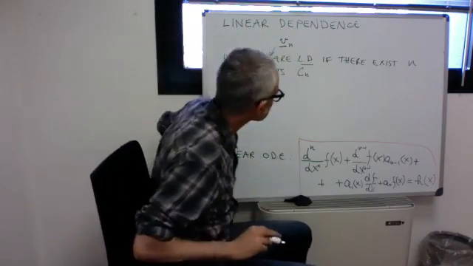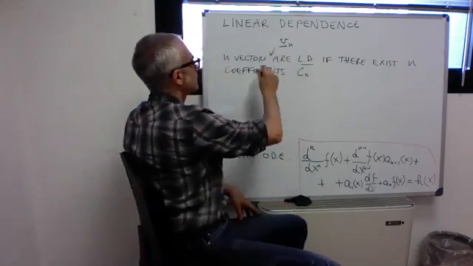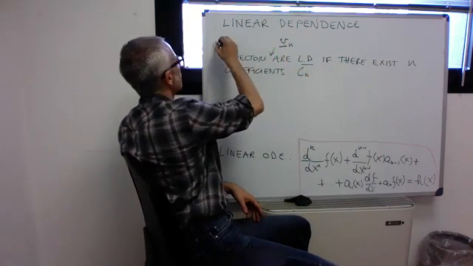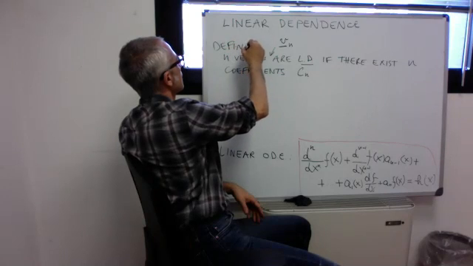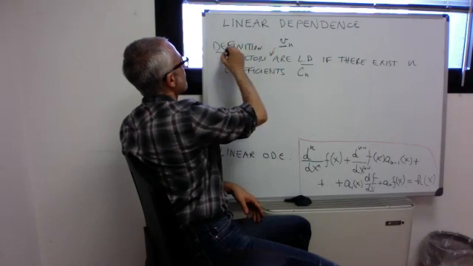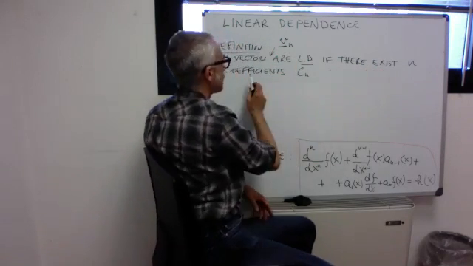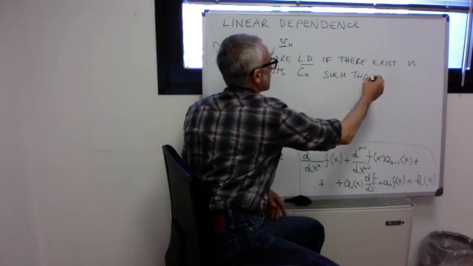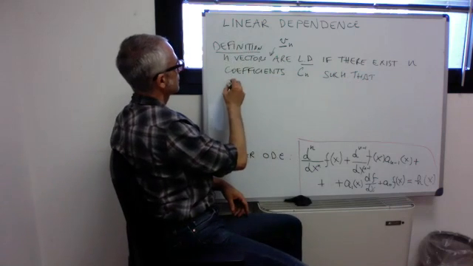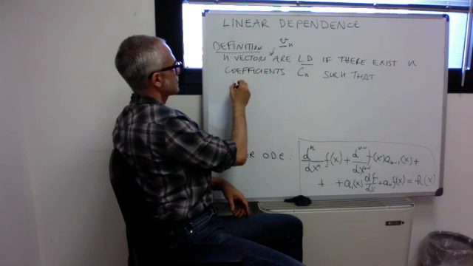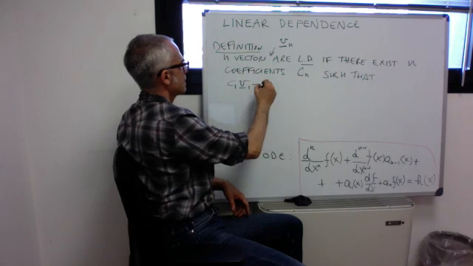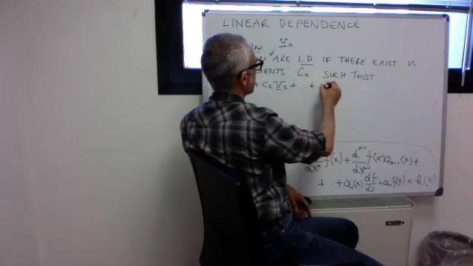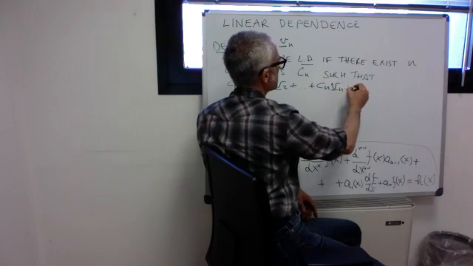So n vectors Vn are linearly dependent. This is a definition. If there exists n coefficients Cn such that the sum C1 V1 plus C2 V2 plus blah blah blah plus Cn Vn is 0.